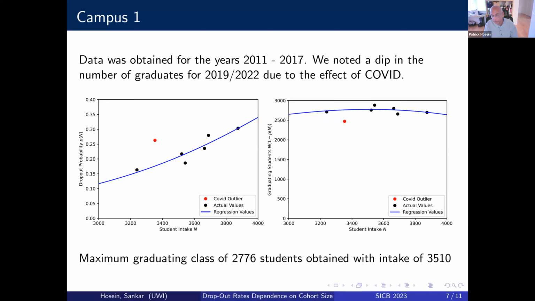So that's the year where things were stopped completely, and so students couldn't graduate. And that's why we have this outlier there. But here we could find the maximum intake, etc. So this is campus 1.